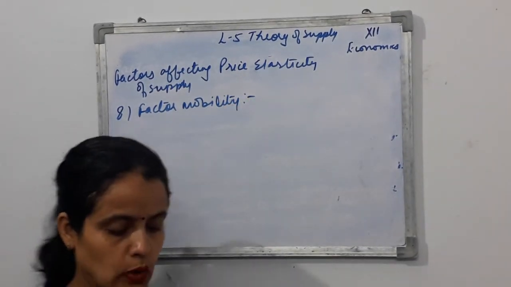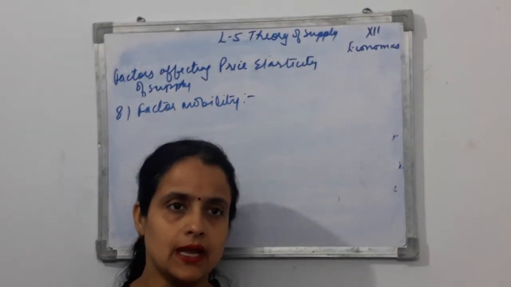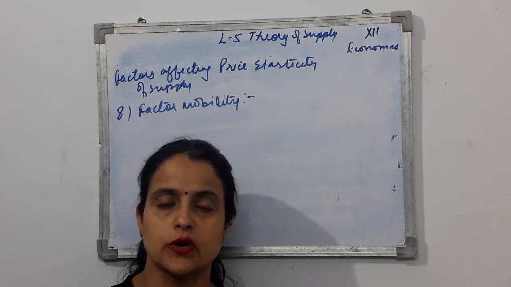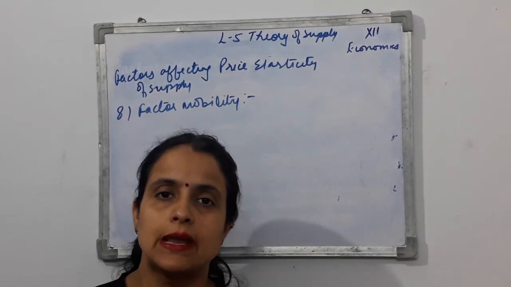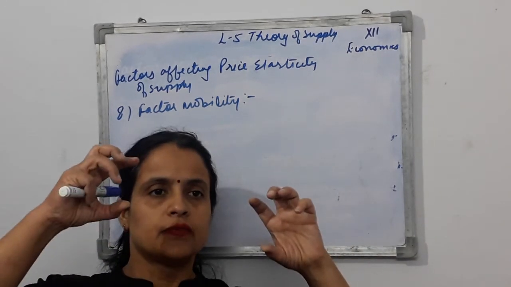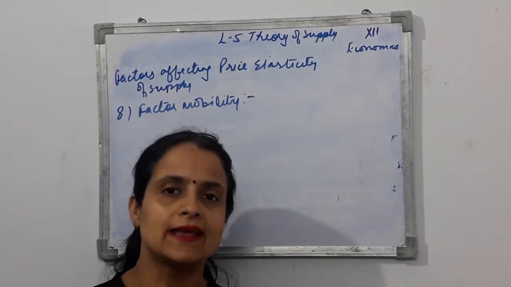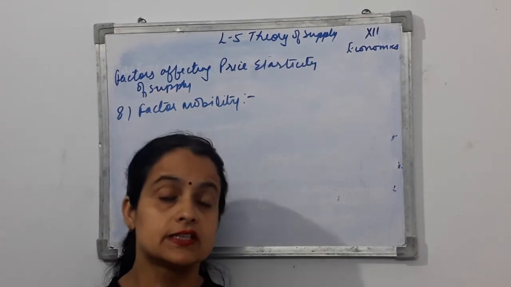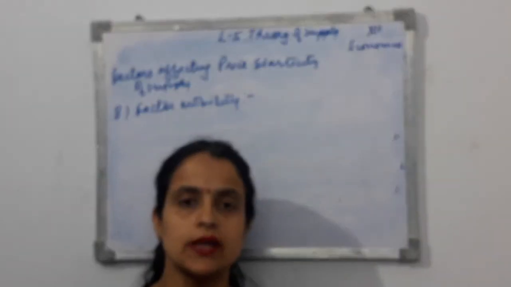Now when we say factor mobility, what we mean is that the factor of production, that is the input, can be easily moved from one place to another, can be easily substituted from one production to another. Can we change the use of labor or machinery from one place to another, or use them in the production of some other good? So in case the mobility is higher in any factor of production, whether it's labor, capital, or entrepreneur, then obviously the supply is going to be higher.